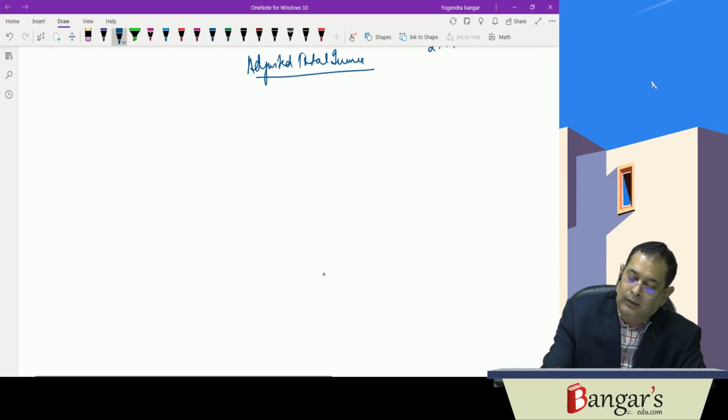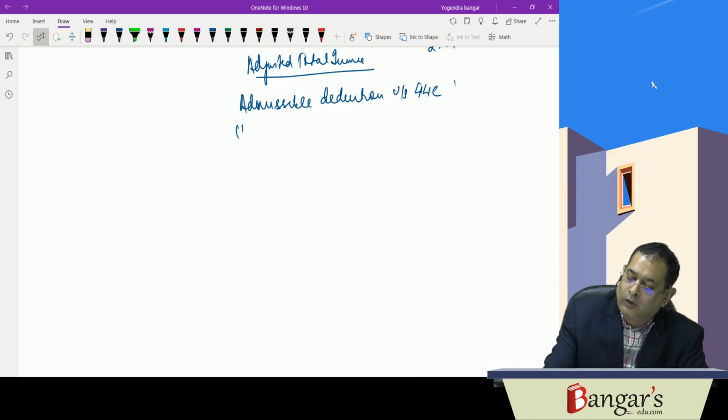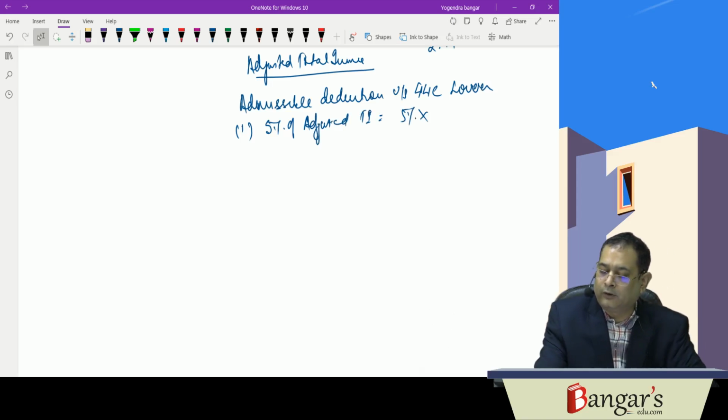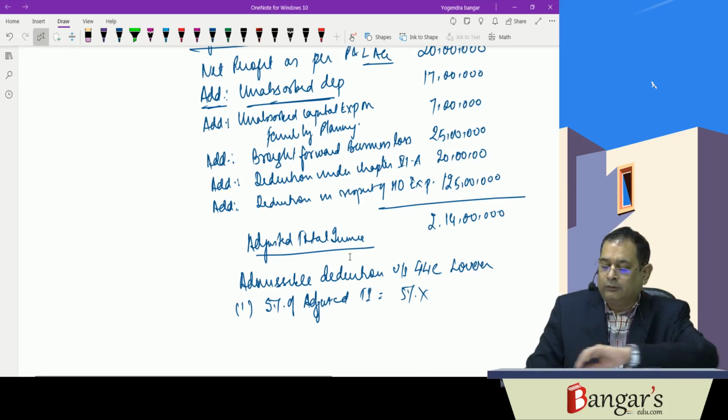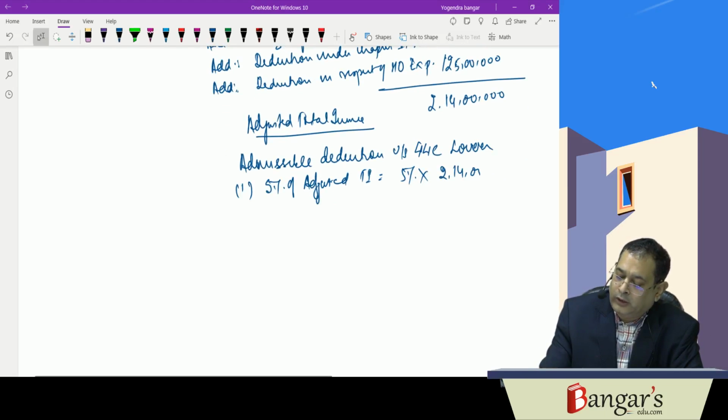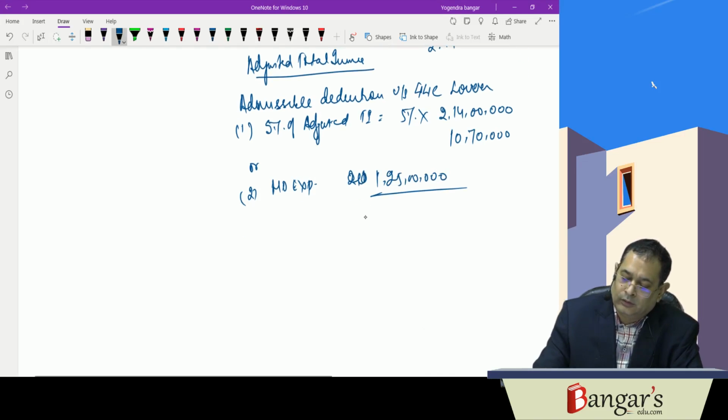So the admissible deduction under section 44C will be the lower of: number 1, 5% of the adjusted total income, which is 2 crore 14 lakhs into 5%, that is 10 lakh 70,000; or number 2, the HO expenditure allocated, 1 crore 25 lakhs, whichever is less. So this will be allowed.